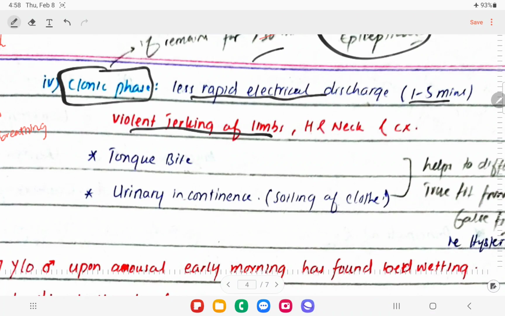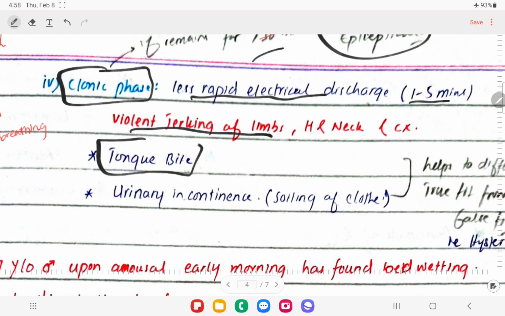Previously, when the tone gets increased, there will be uprolling of eyeballs, right? And there will be clenching of the teeth, right? And due to contraction of diaphragm, there will be ictal cry.